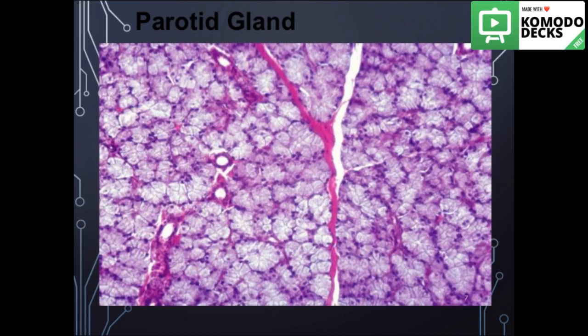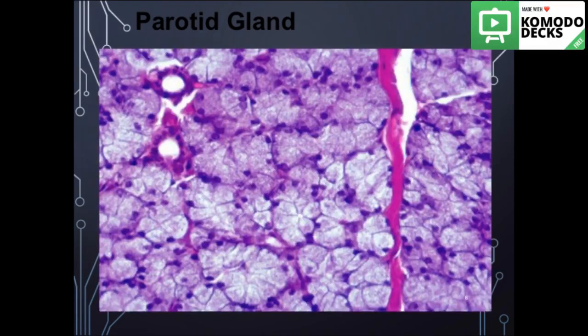Here we can see the small intercalated ducts, larger striated ducts, and the connective tissue septum. The view of the serous cells is granulous.